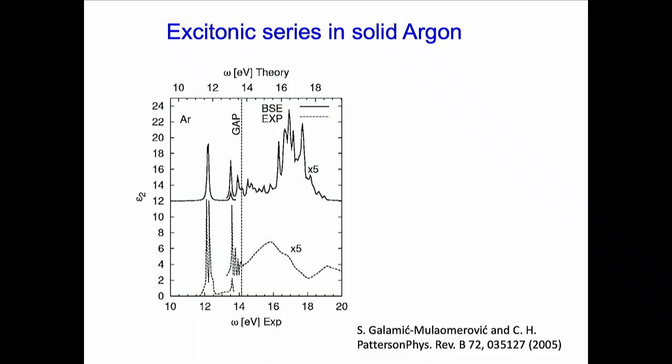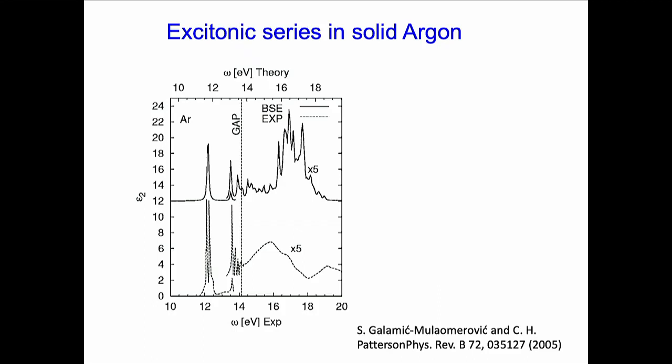And well, the excitement comes of course from the effect that in the epsilon 2, at the end, in the optical absorption spectra, experimentally you measure this sequence of peaks, and also in theoretical calculations you get this kind of hydrogen-like, Rydberg-like series of bound states. And of course that's at the end the reason why theorists are excited about solid argon, because you get a beautiful result, and it's rather simple to calculate.